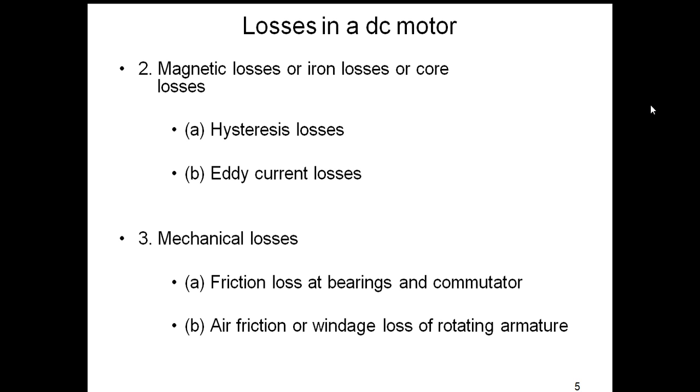And the other one is air friction or windage loss of rotating armature.